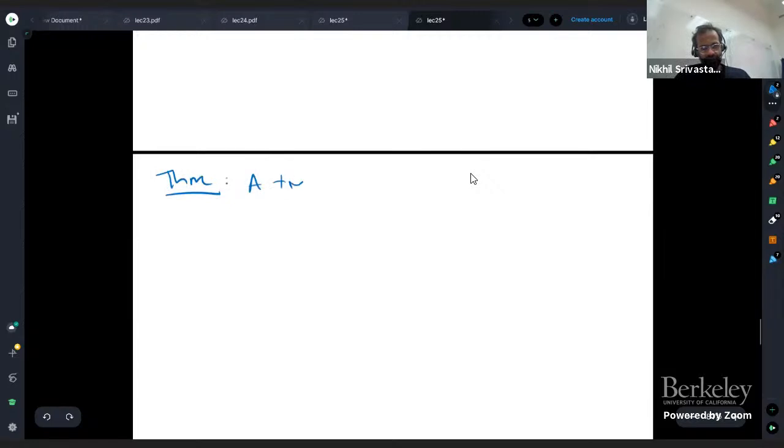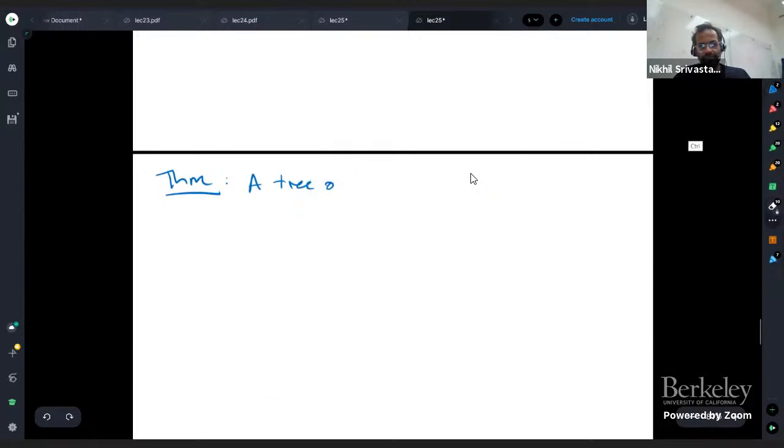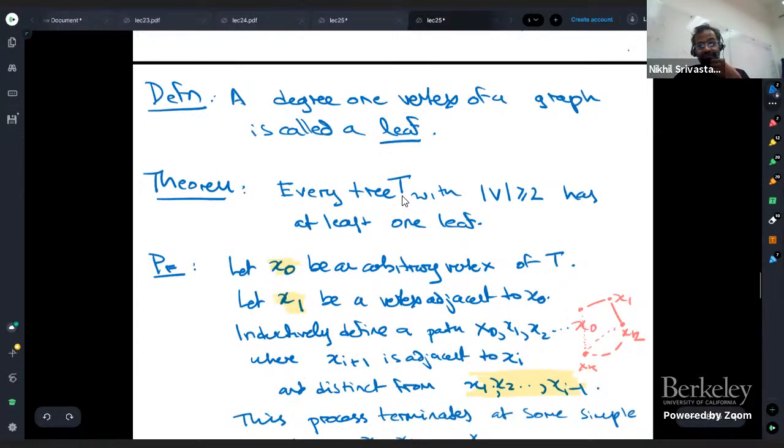A tree on n vertices has n minus 1 edges. And this will now follow easily from our little fact that a tree has a leaf.